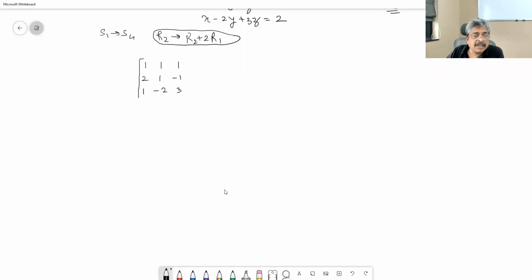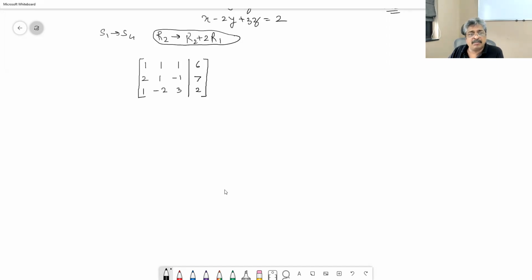Now these are the 9 important numbers, and while doing calculations you need not worry about x, y, z. We know that they are available. What we need to worry about is the RHS 6, 7, 2. So we will consider this matrix. This is the augmented matrix.